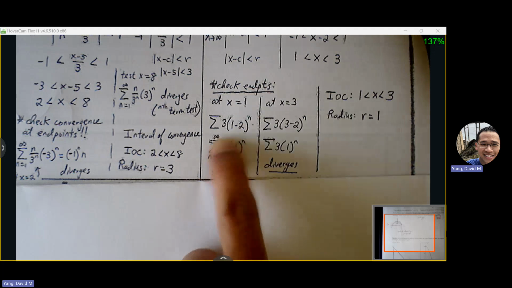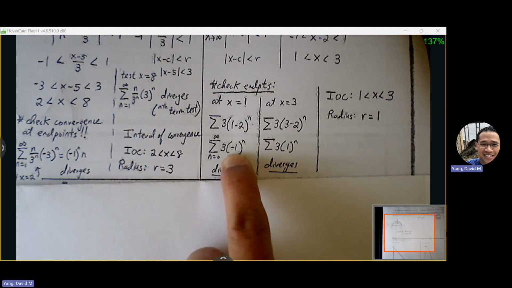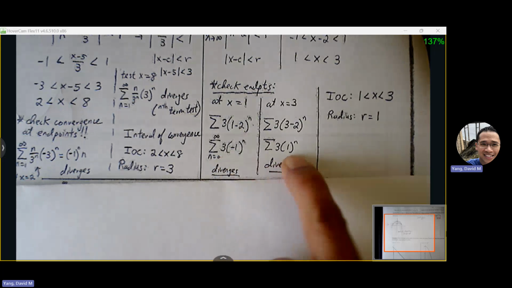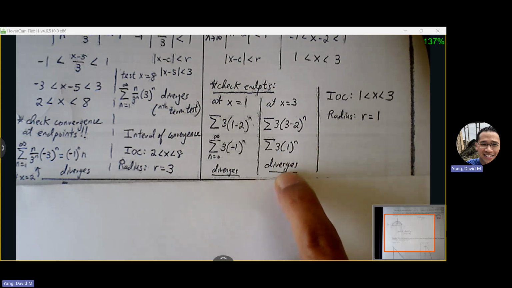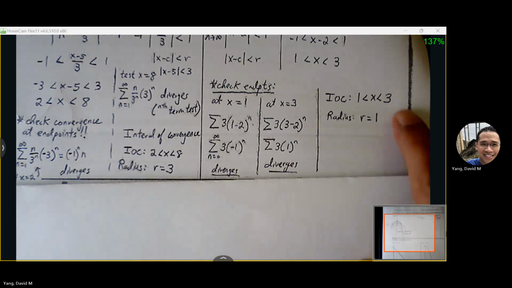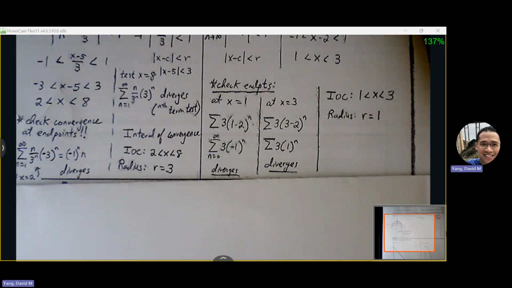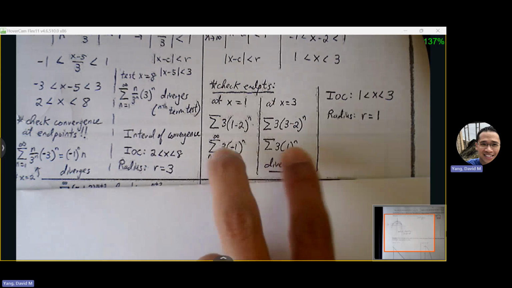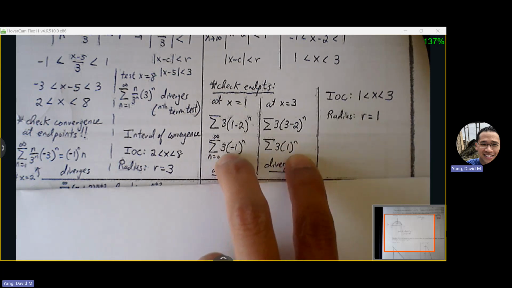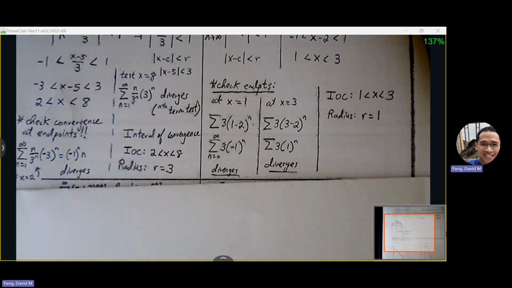So it oscillates, and also the limit of this doesn't go to 0. So we know this doesn't pass the AST test, so this diverges. And then this one diverges too. There's no alternator here, I'm just doing 3 + 3 + 3 + 3. We know that diverges as well. I think we should say that both of these diverge by the nth term test, because the limit of this sequence doesn't go to 0. So I should be saying nth term for both.